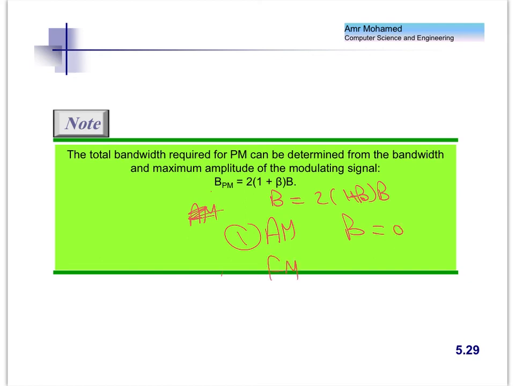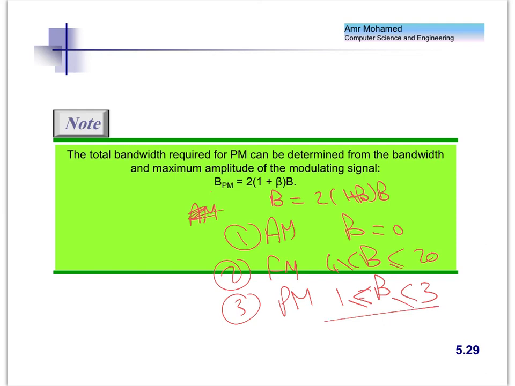For FM, the value of beta is from 4 all the way to 20. And for PM, the value of beta is from 1 to 3. Okay? So you can consider this a general case. Of course, beta is already known for the case of AM, 0. But for FM and PM, you don't have to memorize all these ranges. I'm going to give you beta, except for AM, of course. So you don't have to memorize all these values.